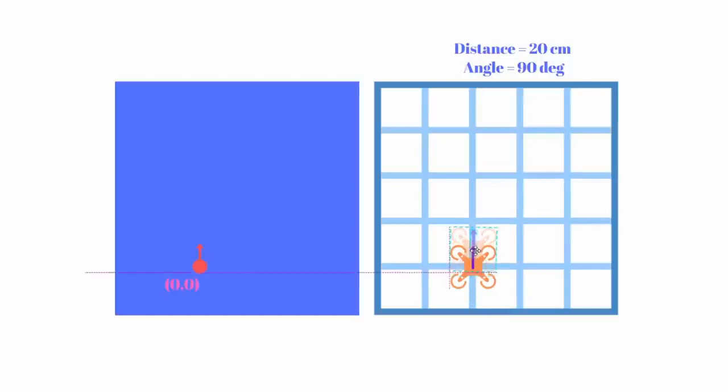It's moving forward and turning at the same time, so it will start moving like this. At the end of the day, it has moved, let's say, 2 blocks, and it has rotated 90 degrees. So how can we find the coordinates of where it is now?